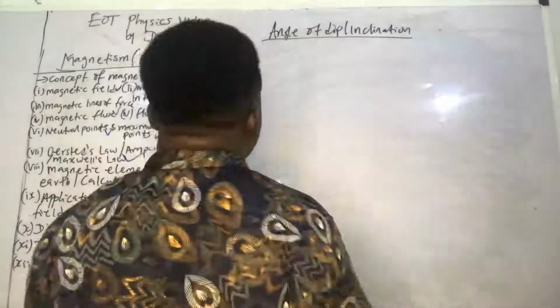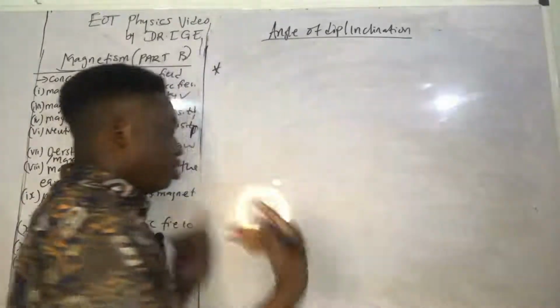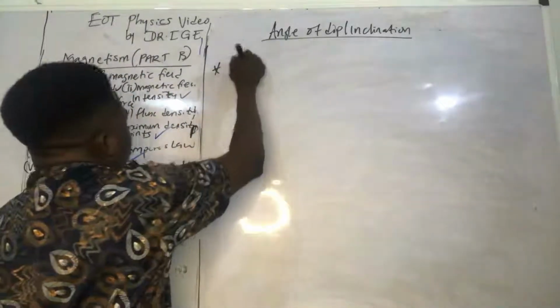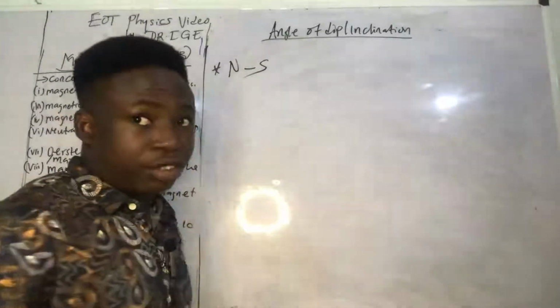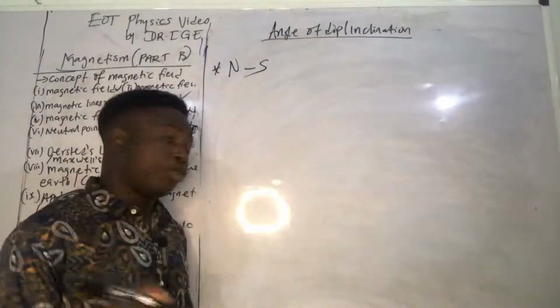Angle of inclination. Now it is true that, as we were told from the beginning, magnetic material comes to rest in the north-south direction, right? Then if you want to demagnetize it, you put it in the east-west. Hope you remember that.